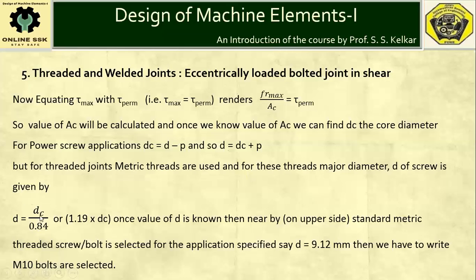Once we know the core diameter, it is divided by 0.84 or multiplied by 1.19 to find the nominal diameter of the bolt required for that particular assembly. The next standard M value will be specified as the size of the bolt selected for that assembly. So this is the general procedure to be followed while solving numericals based on eccentrically loaded bolted joints in shear.